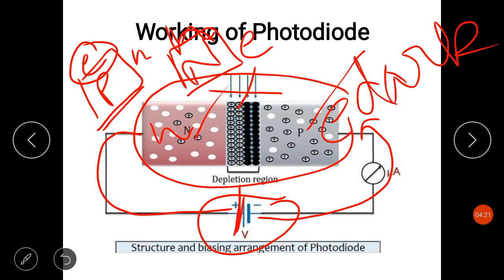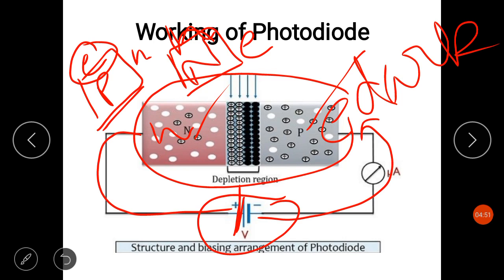The value of this reverse saturation current does not depend on the applied reverse voltage across the diode. Rather, it depends on the concentration of minority charge carriers in the semiconductor crystal. Hence, for a certain range of reverse voltage across the diode, this current almost remains constant.